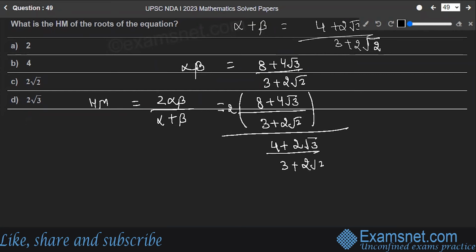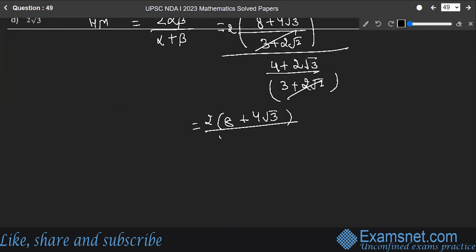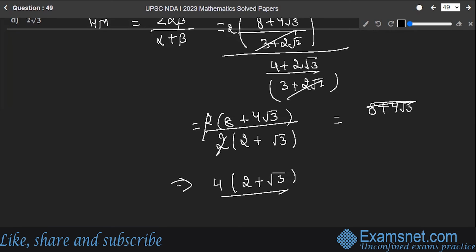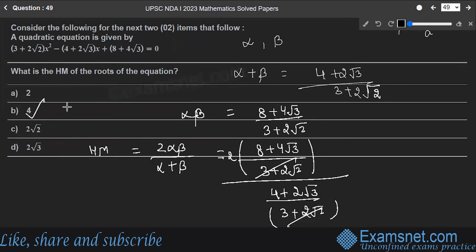So 3 plus 2 root 2 will cancel, and you will have 8 plus 4 root 3 whole multiplied by 2 upon, I'll take 2 common from here, 2 plus root 3, and this will cancel out. I'll do one thing, I'll take 4 common from the numerator as well. So 4 will be taken common, 2 plus root 3 upon 2 plus root 3. They will cancel out and I will have 4 as the answer. Simple as that. Option B is the correct one.